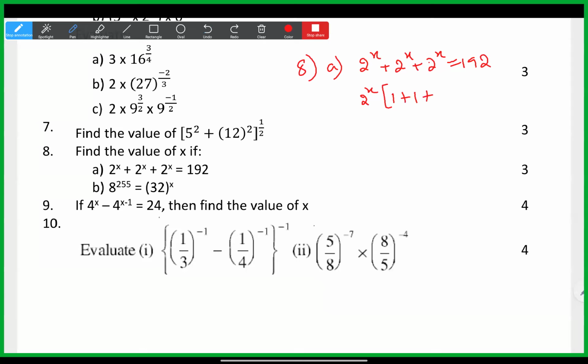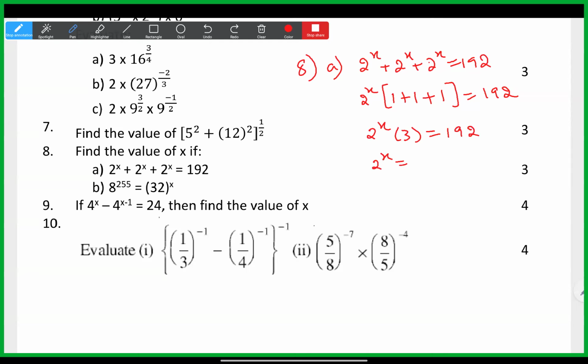Then plus 2 power x into 1 more. So what do I have to write again? Sir, 1. It is equal to 192. Now 1 plus 1 plus 1. Sir, 3. So 2 power x into 3 is equal to 192.